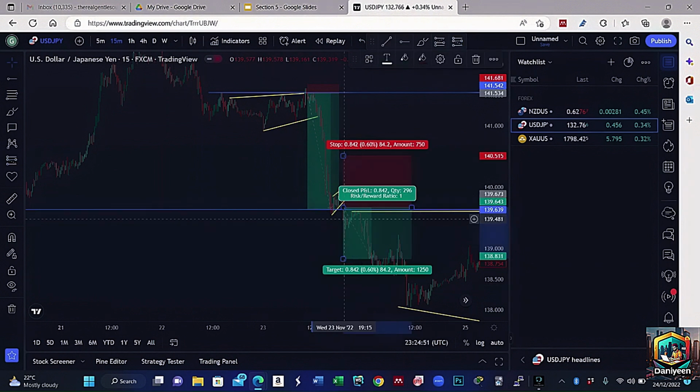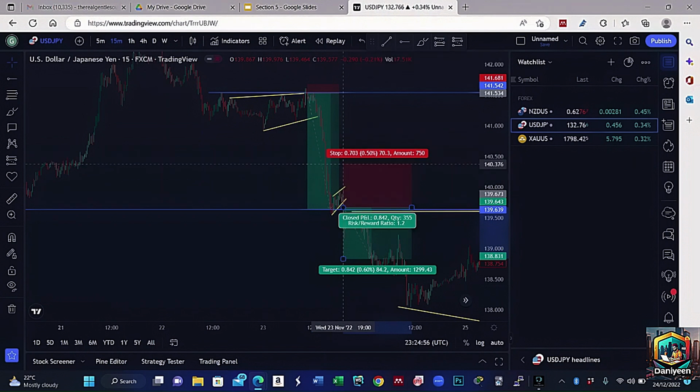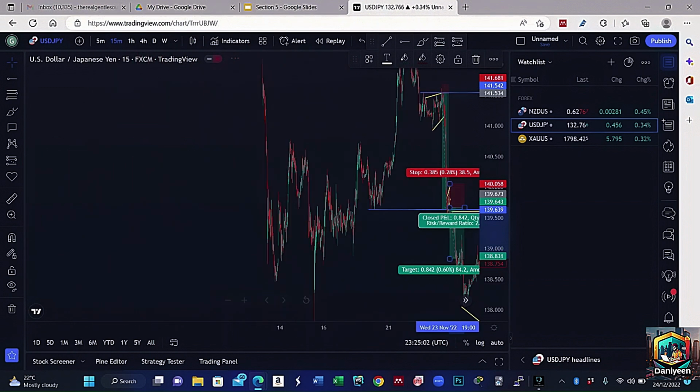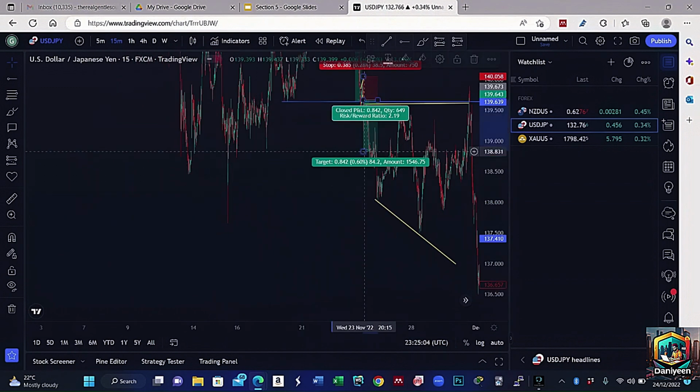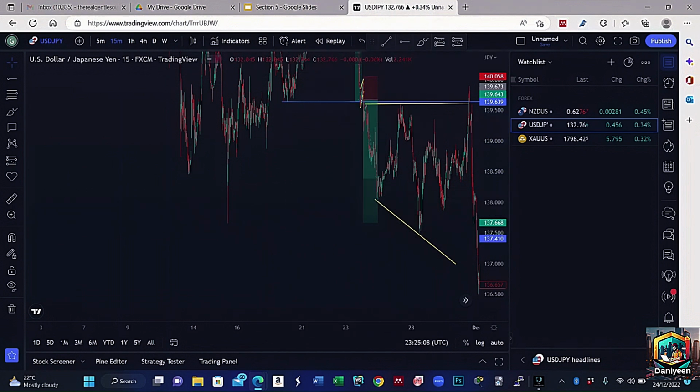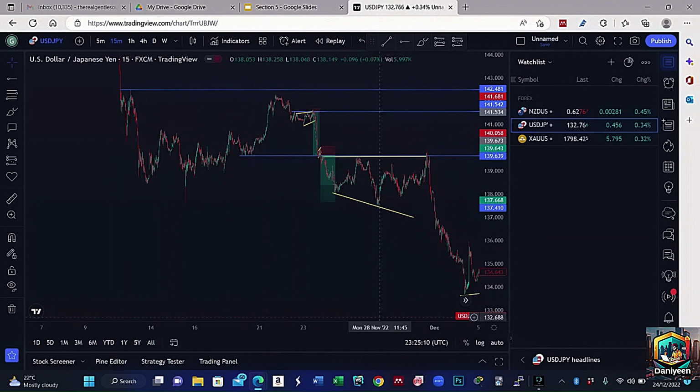You set your entry below the correction and then move your stop loss to the top of the correction and set your take profit below into the next low. So that is it for that particular entry. Let us move to the next one.